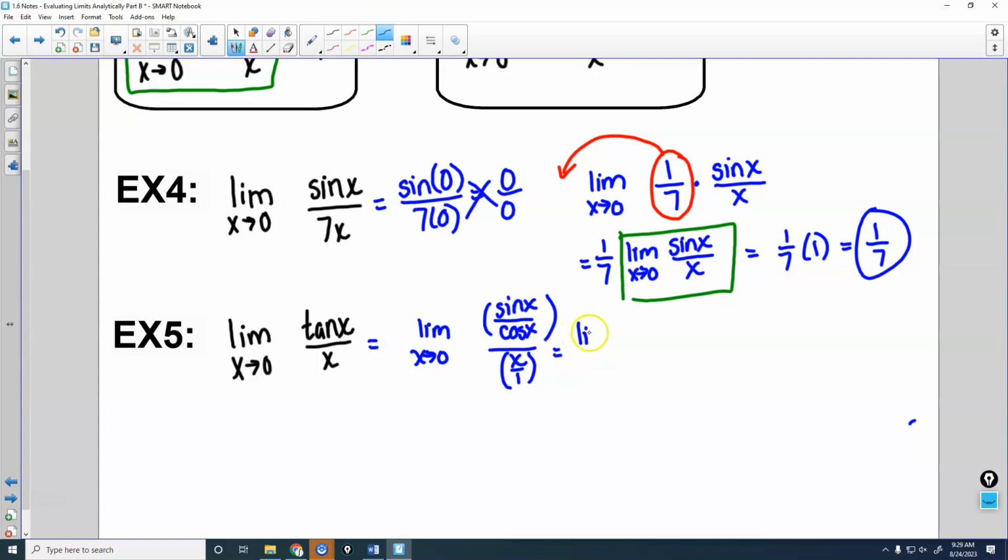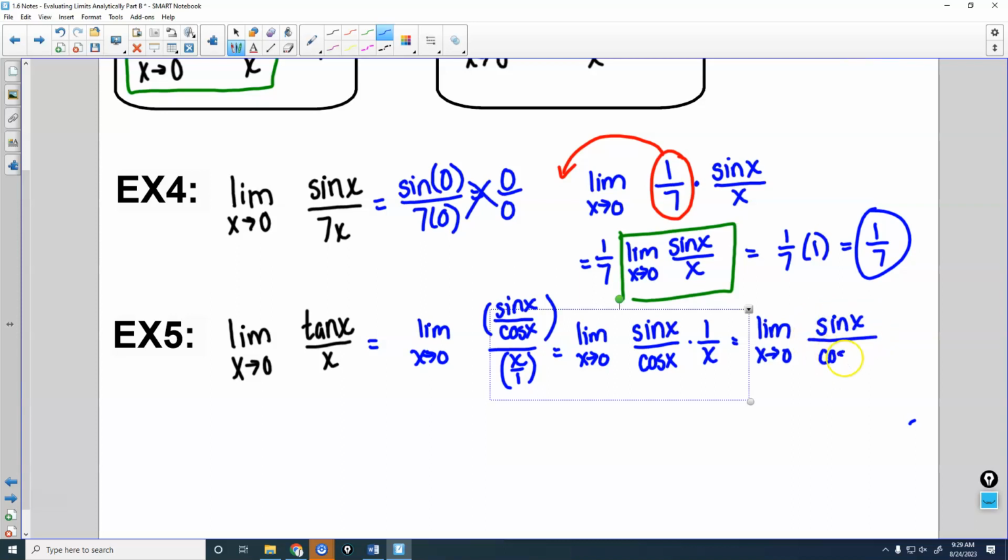Dividing fractions is easy as pie. I'm going to flip the second and multiply. So sine x over cosine x times 1 over x is going to give me this, the limit as x approaches 0 of sine x over cosine x times x.